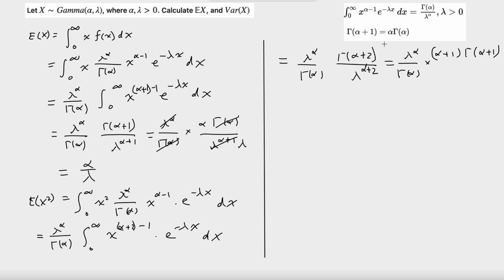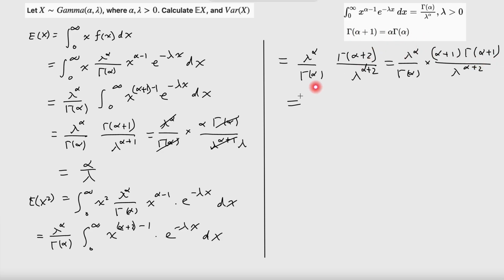Here we're applying the formula, but alpha here would be alpha plus 1. So this is divided by lambda to the alpha plus 2, and we apply the formula to this piece again.